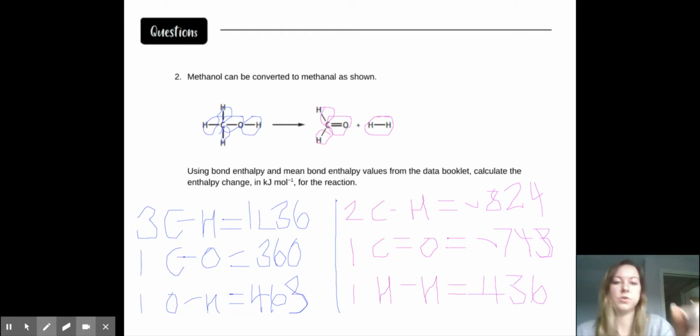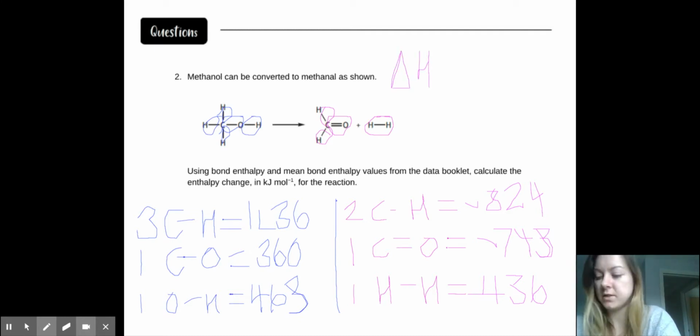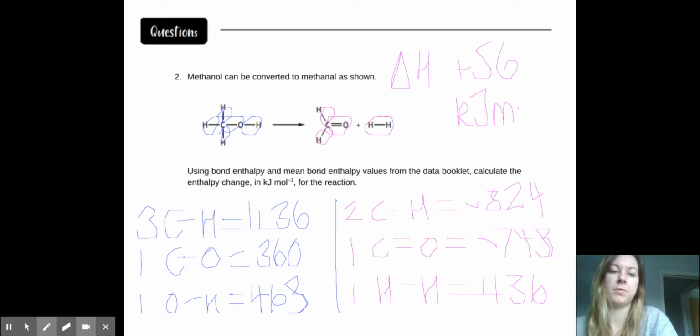So the total change in enthalpy, now obviously you can write all that out, I just have limited space, is plus 56. And the units are kilojoules per mole, remember. It does give you that in the question though, so you wouldn't have to write that, you would get the marks for writing plus 56.